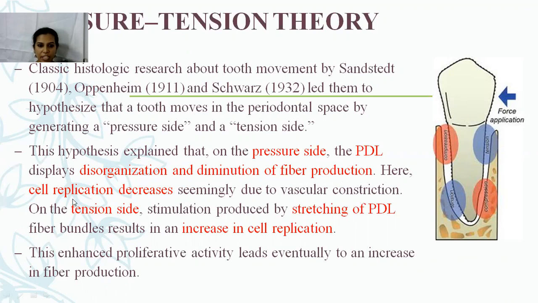The cell replication increases due to vascular constriction. On the tension side, there will be stretching of the periodontal fibers that will cause cell replication. These are the basic phenomena that occur during tooth movement according to the pressure tension theory.